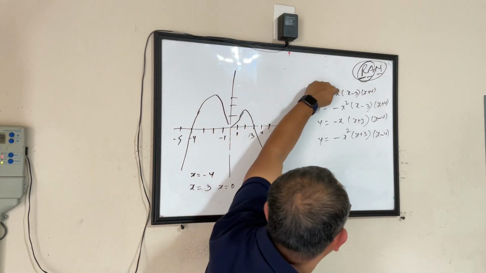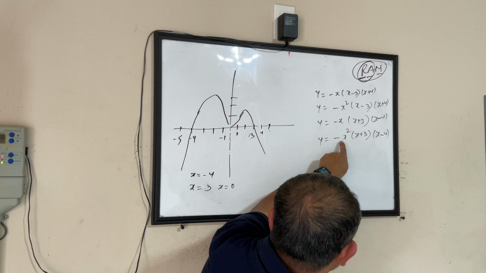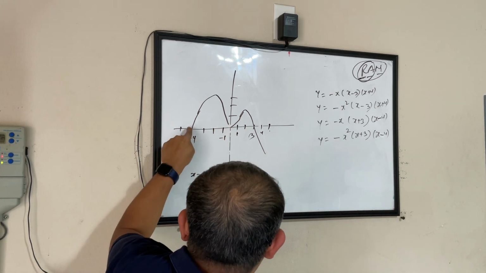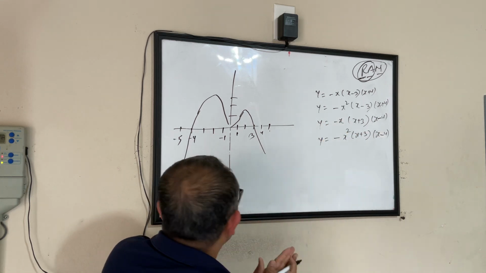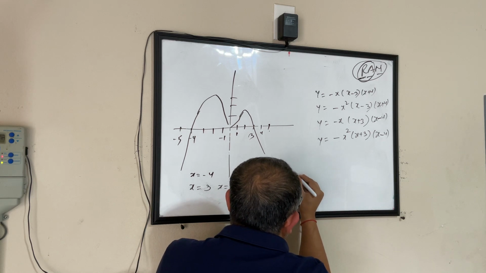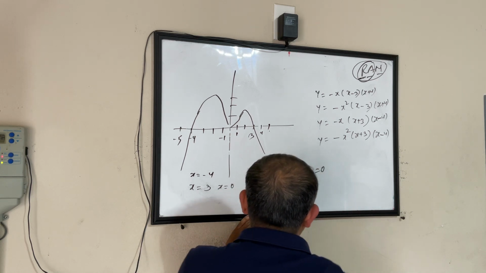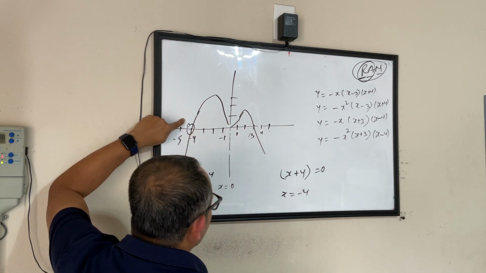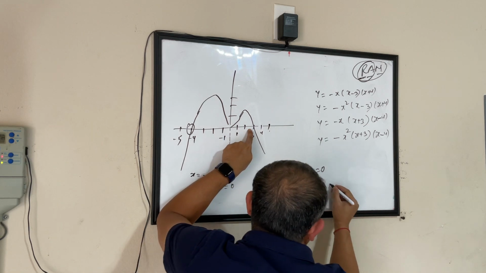So here you can see when this is 0, that is representing this point. All these x squared, that is representing this point. Now when x equal to minus 4, which scenario here would give you x equal to minus 4? When you have x plus 4 equal to 0, that is when you get x equal to minus 4. Similarly, which scenario will give x equal to 3?